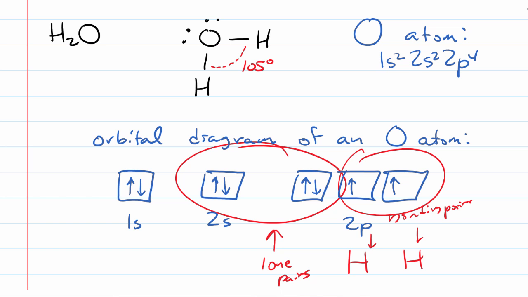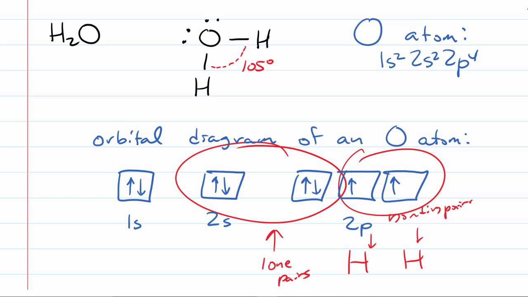When we placed them into 3 dimensions, we found that we can't get 4 pairs of electrons any further apart than this right here. And we described this as being the shape of a tetrahedron. Okay, and so this is a tetrahedral shape. So now, in the tetrahedral shape, these angles wound up being 109.5 degrees. And that's more in line with what we observed for H2O as being 105 than there being 90 degrees.